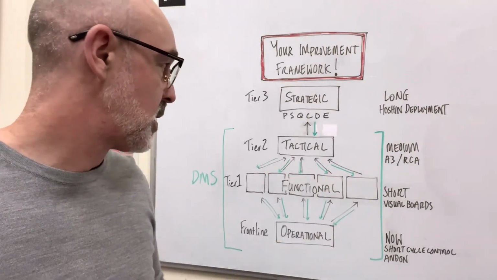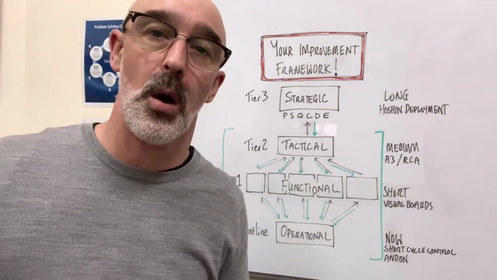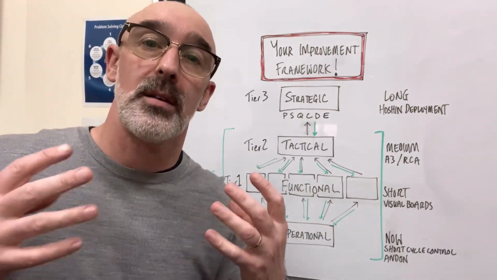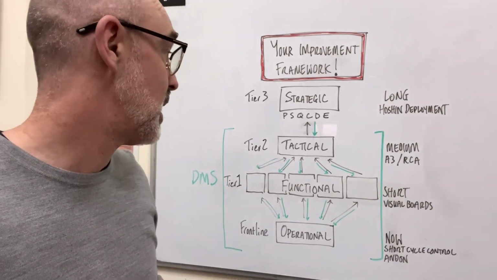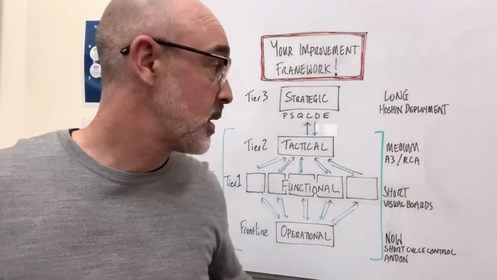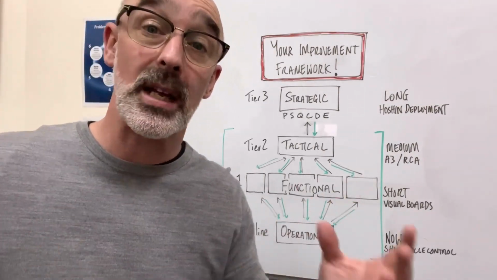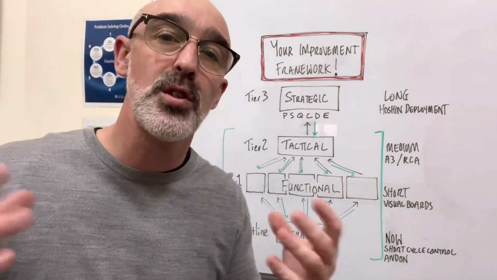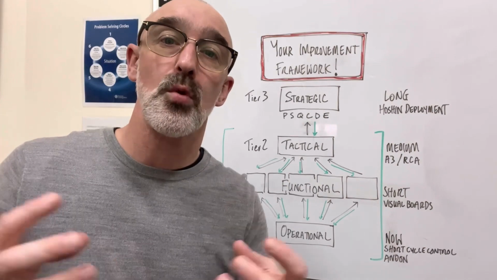The short term at tier 1 is around our visual boards and visualizing what's going on. That's going to be a daily view with a mix of lead and lag indicators. Tier 2 is a medium term view, more of a daily, weekly view. Again, that revolves around visual boards, but we're starting to bring in tools like the A3 and root cause analysis.